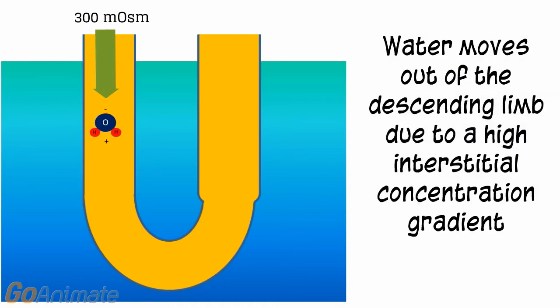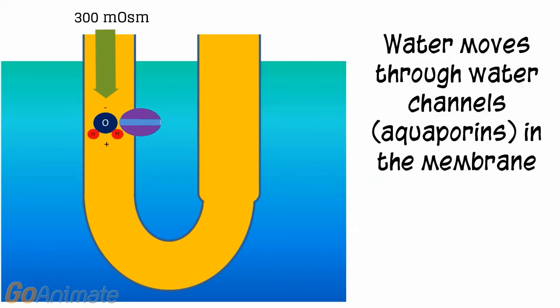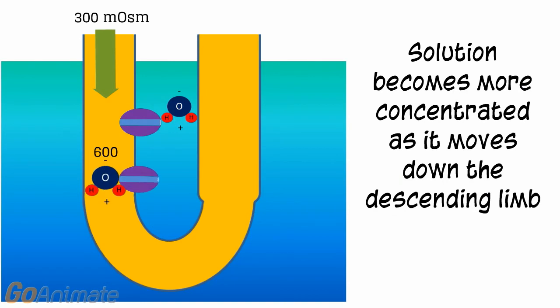Water moves out of the descending limb through aquaporins or water channels toward the higher solute concentration in the interstitium. Since water is moving out, the solution becomes more concentrated.